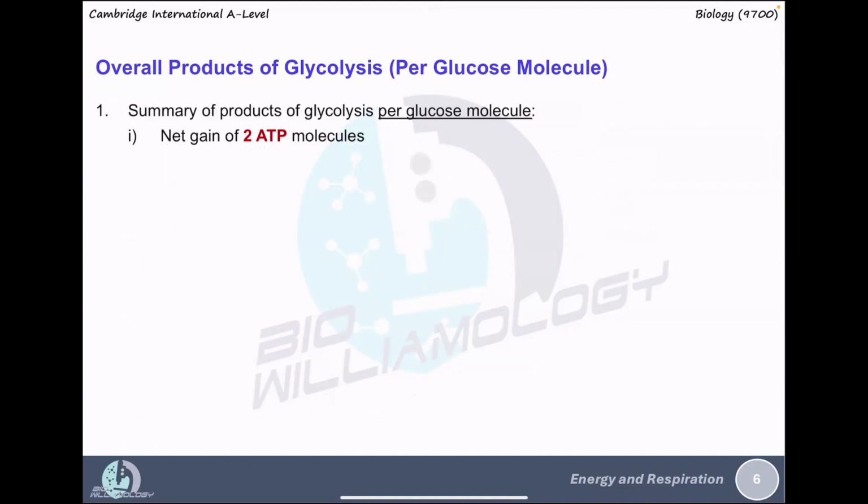As we know, we spend 2 ATP molecules during the energy investment phase, and 4 ATP molecules are produced during the energy payoff phase. So a net gain of 2 ATP molecules per glucose molecule. And the end product, we know, is pyruvate, and during the reactions, 2 molecules of reduced NAD are produced as well. Then the final product, pyruvate, is produced. So 2 molecules of pyruvate are produced per glucose molecule.